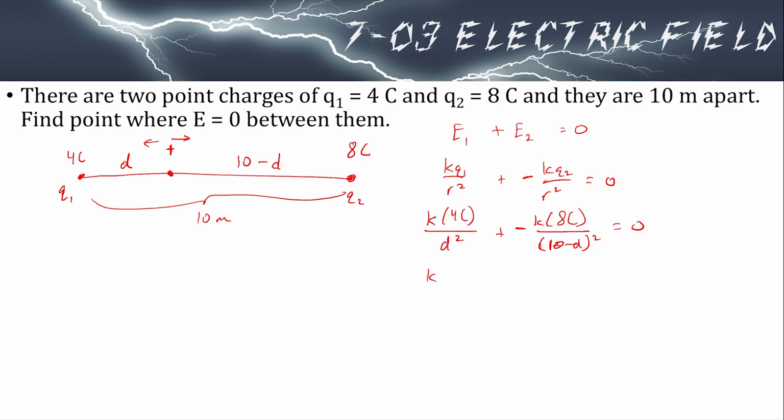I think I'll move the right hand term to the other side of the equal sign. The k's will cancel, and I can cross multiply.